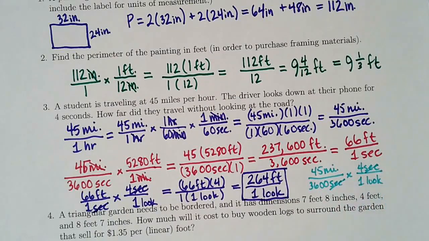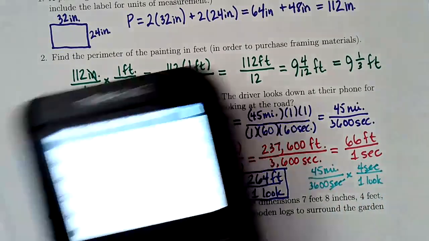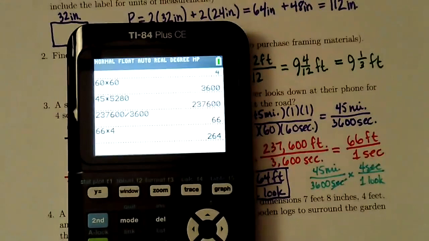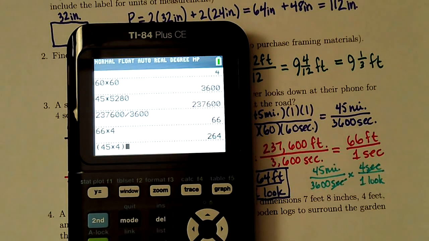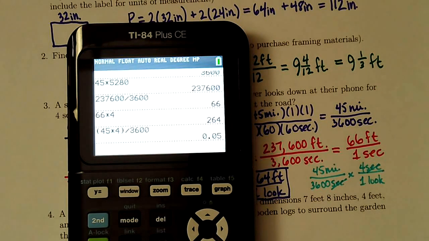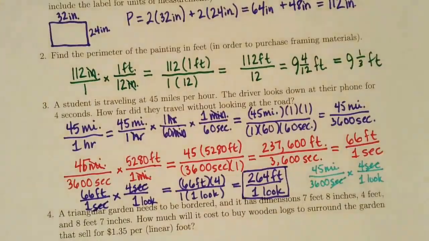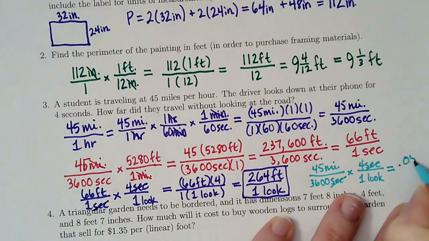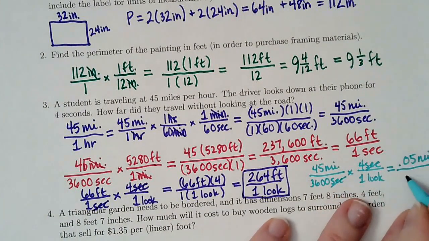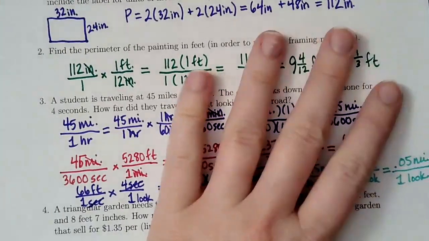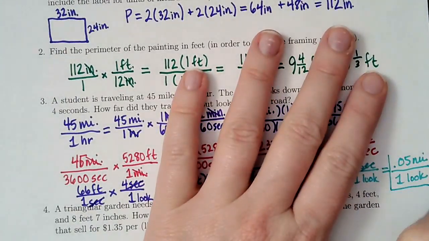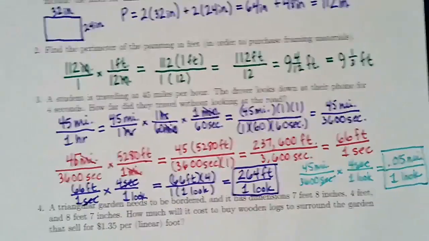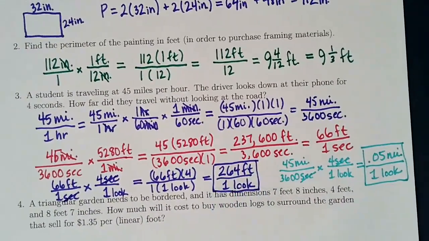This would be 45 times 4 divided by 3,600. So I'm going to do that really quick. 45 times 4 divided by 3,600, 0.05. So this is also equal to 0.05 in the numerator. We have miles. In the denominator, we would have 1 look. So either way, but I still feel like I relate to this a little bit more here.